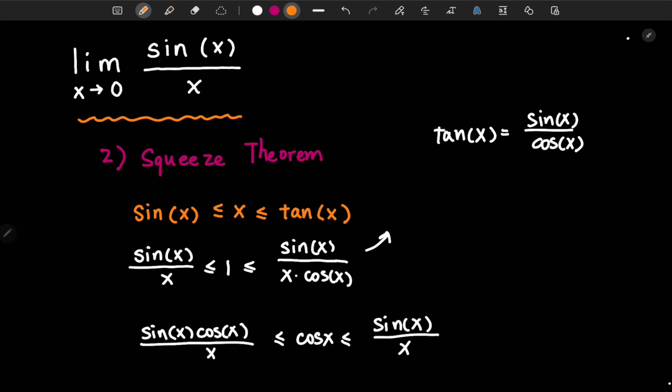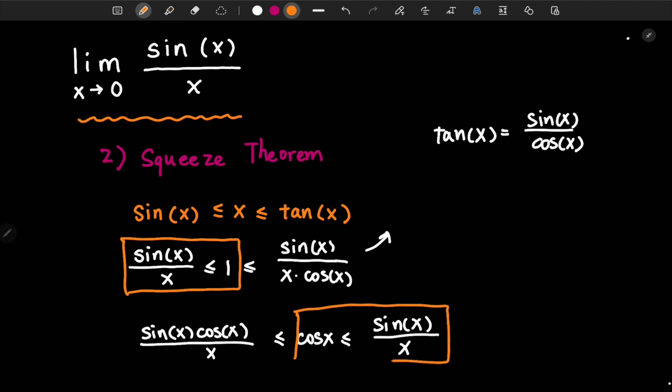By combining this part and also this part, we would have sine x over x is smaller than or equal to 1 and greater than or equal to cosine x.